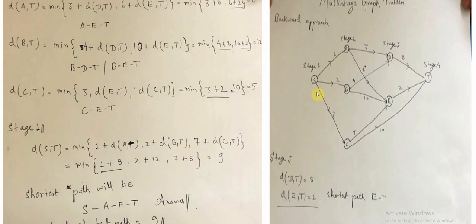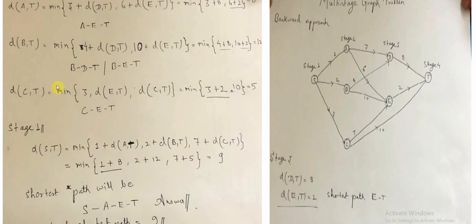Now finally we'll be calculating the cost to reach from S to T, and for that we'll be utilizing the already computed values of cost A to T, B to T and C to T, which we calculated in the previous stages.